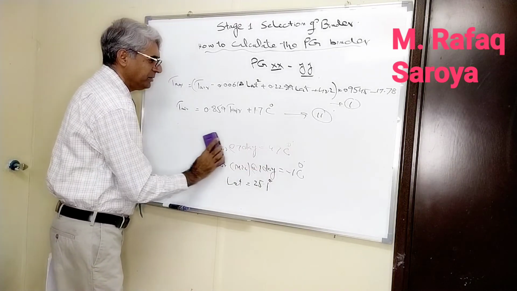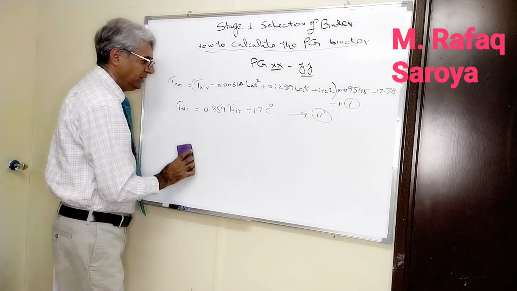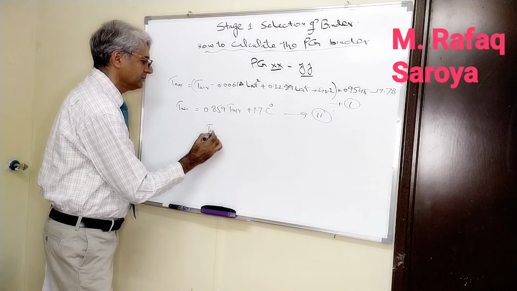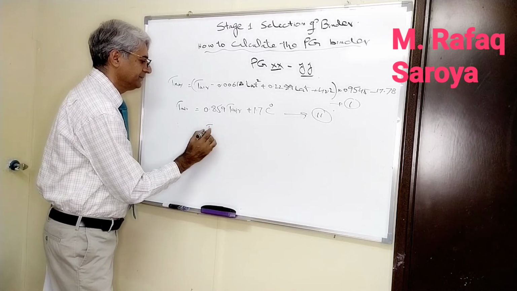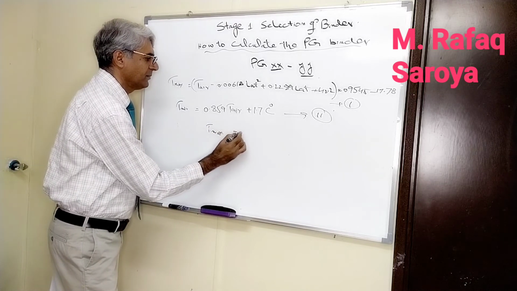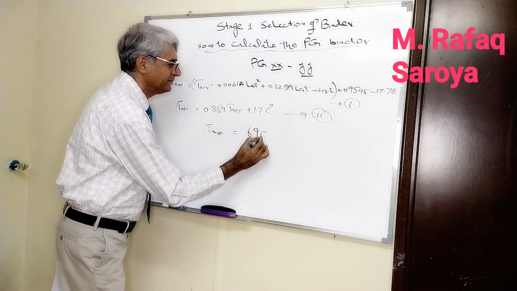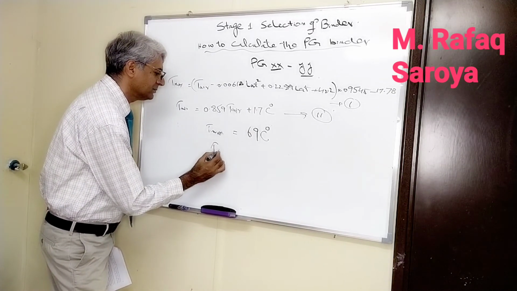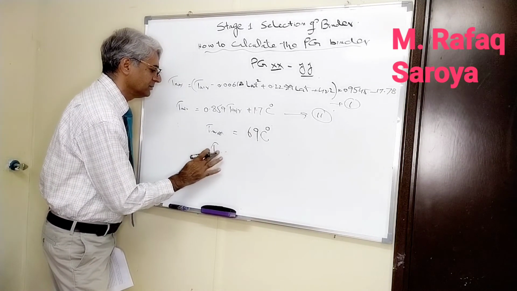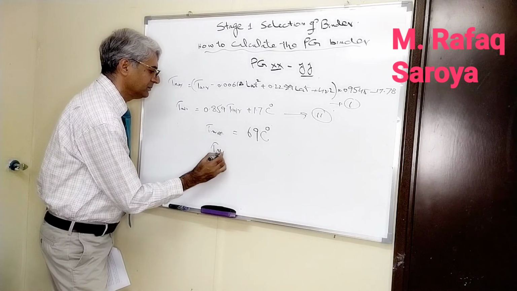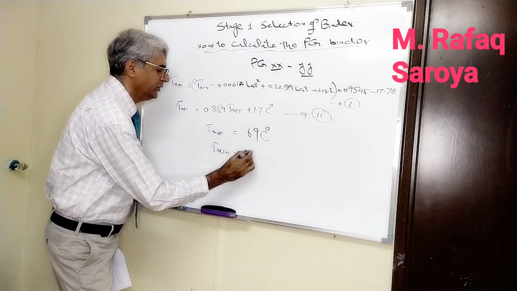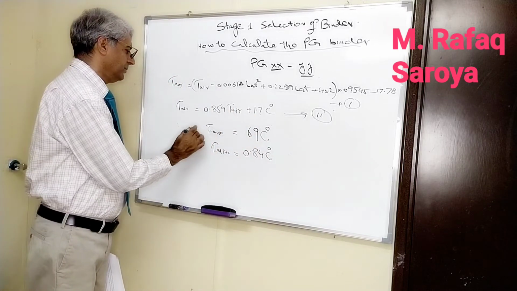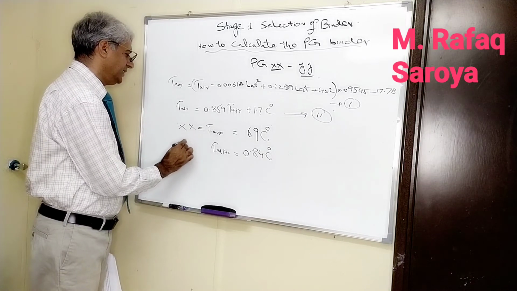After putting these values, we get T maximum of 69 Celsius and T minimum of 0.84 Celsius. This is XX and this is YY.